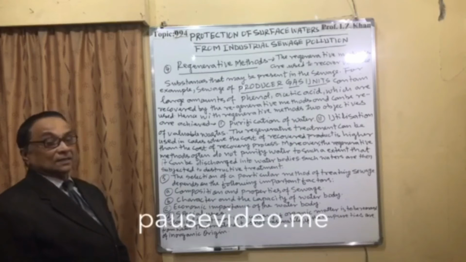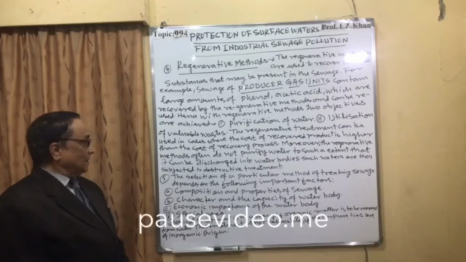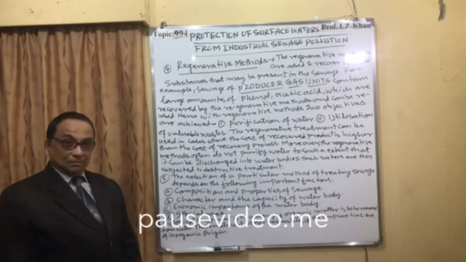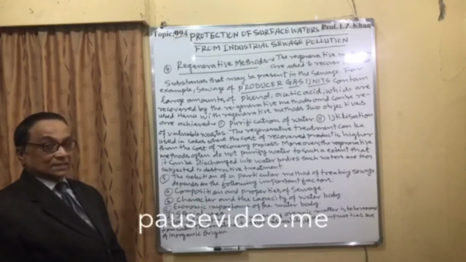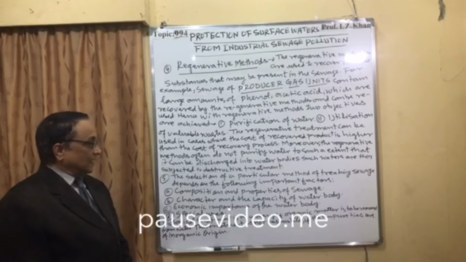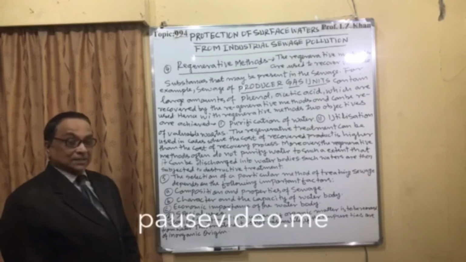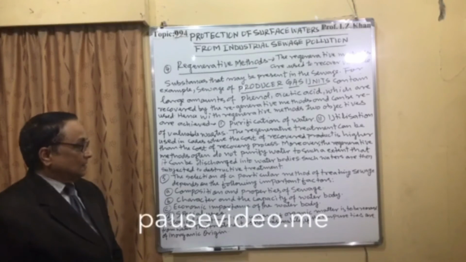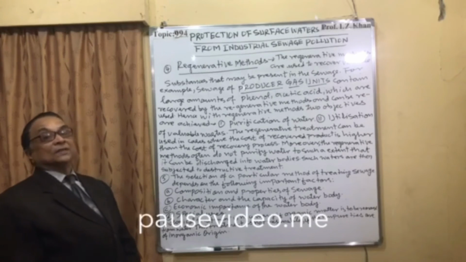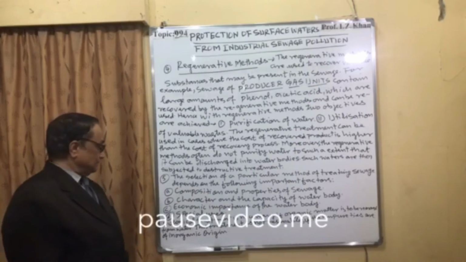You have to check the composition and properties, what type of property it has, whether it has more organic substances, more inorganic substances, or some metallurgical substances, that is its chemical properties as well as its composition. B, character and capacity of the water body. C, economic importance of the water body, what will be the economy of that water body. And D is special uses.